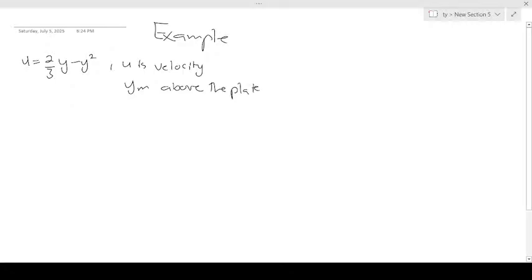Determine the shear stress at y equals 0 and y equals 0.15 meters. Take dynamic viscosity to be 8.63 poises.